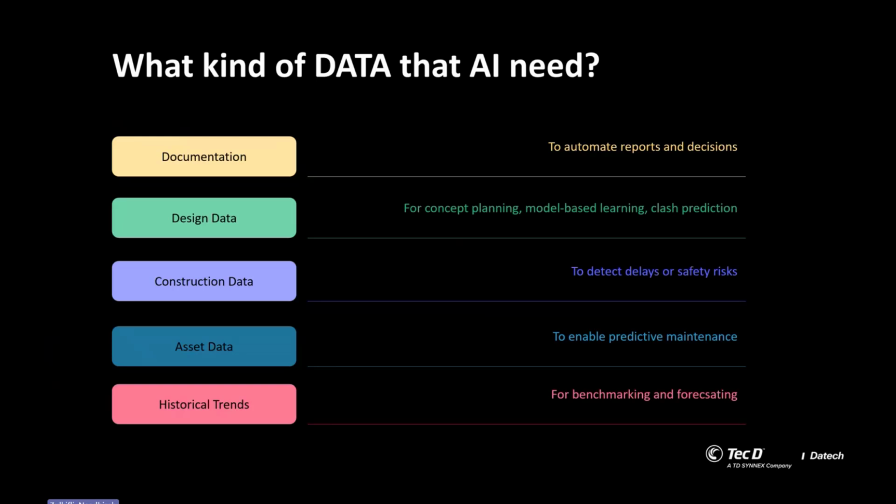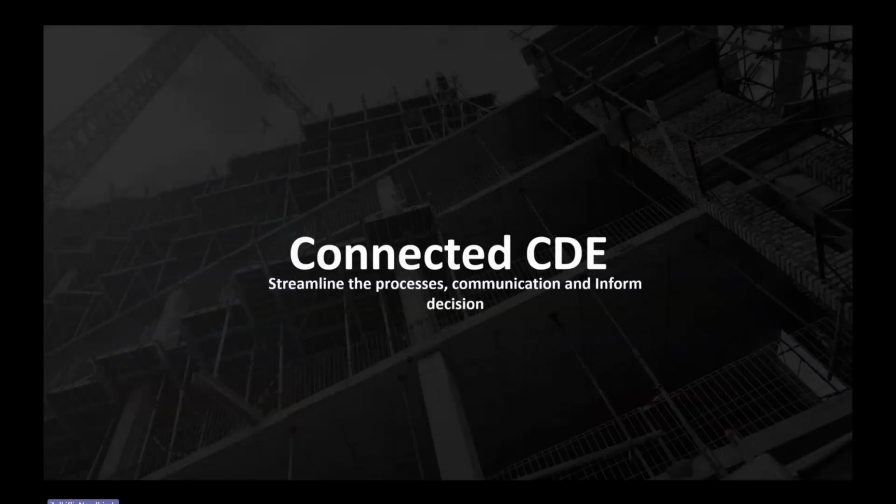Whatever you are doing right now, your documentation and your data will be pushed forward into asset management, and you will use that data for predictive maintenance. And historical trends are very important, where you can use that information for benchmarking and for forecasting the elements that you always use in your tender projects.